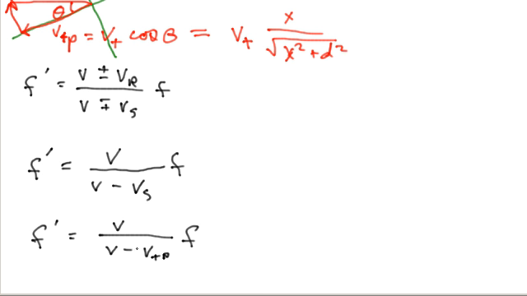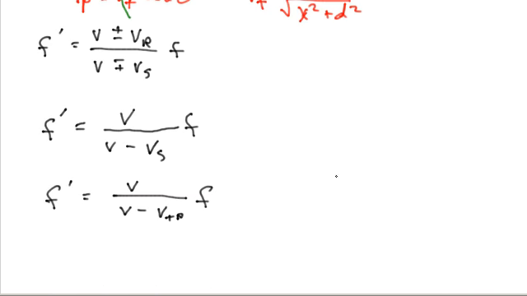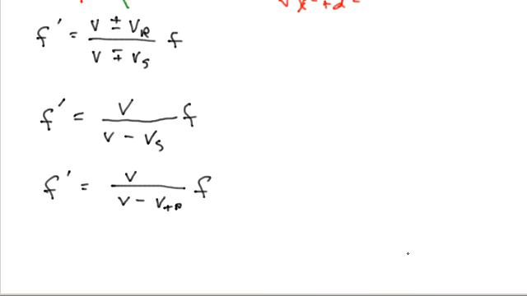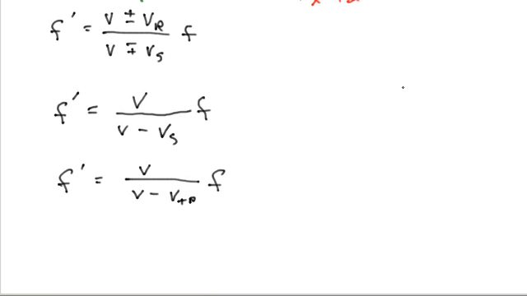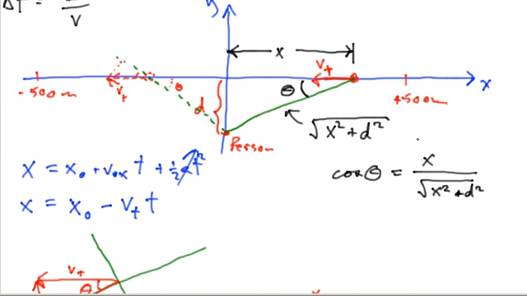That would make the denominator bigger, which would make f prime lower, which is exactly what we want when it's moving away. So this formula, our whole method, get a value for VTP and stick it into here to find out what the frequency is going to be, good for any time, for any position along the track, with my coordinate system.